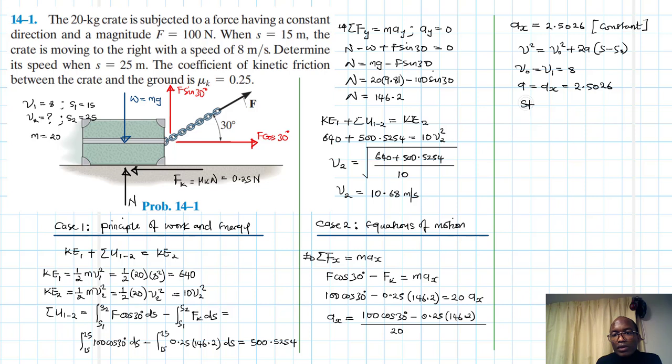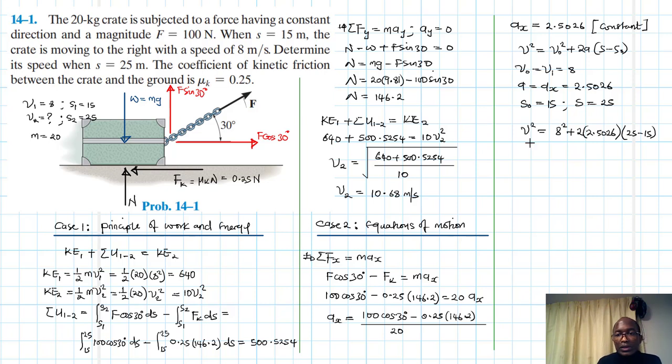Then our S naught is equal to 15, and our S is equal to 25. Therefore, V squared is equal to 8 squared plus 2 by 2.5026 by 25 minus 15.